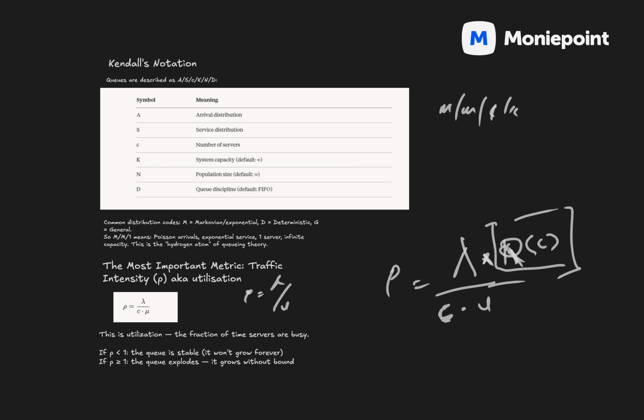And the major thing I want to point out is that you want to make sure that your utilization is less than one, right? Meaning less than 100% utilization. And it's similar, I think we're talking about work-life balance and all of that stuff, right?